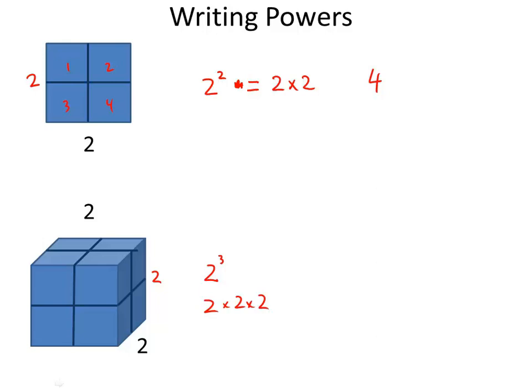Now, sometimes instead of saying 2 to the power of 3, we say 2 cubed, because the visual representation of this one is a cube. Now we know that 2 times 2 times 2, well, 2 times 2 is 4, times another 2, that's going to be 8. And what we see here is 8 little boxes.